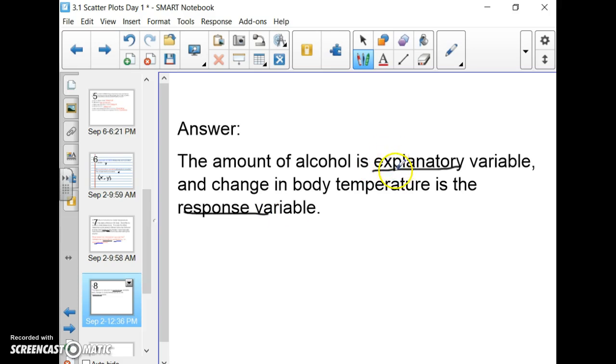Explanatory is supposed to try to explain what's going on in the response variable. So this indicates that the alcohol is trying to explain why there was a change in the body temperature. If you can link those two together, what causes the other, that's how you determine if it's explanatory or response. And that was basically it for the lesson.